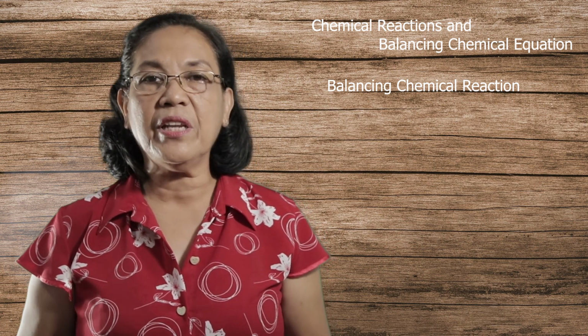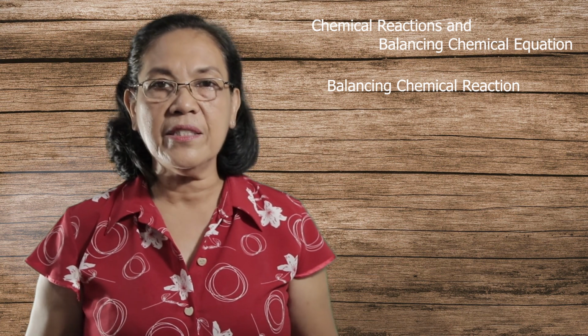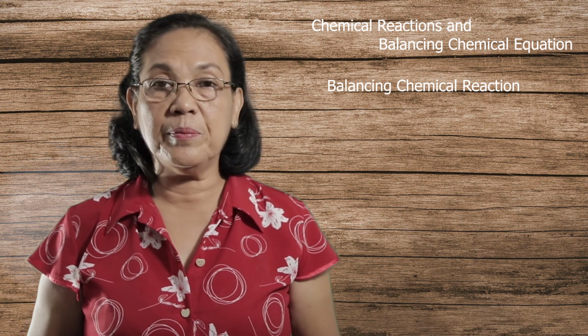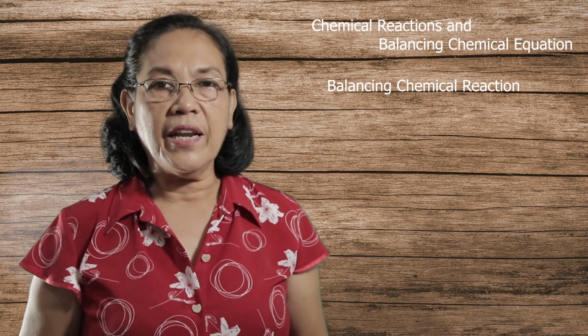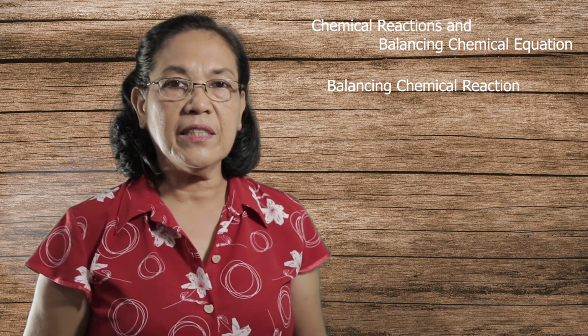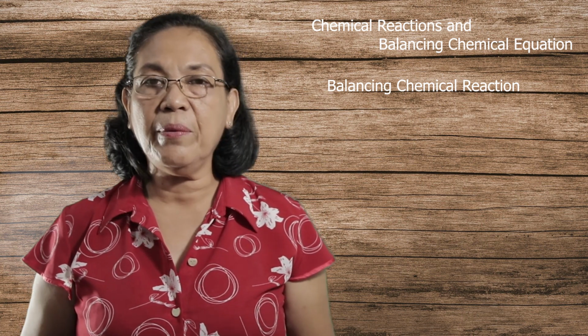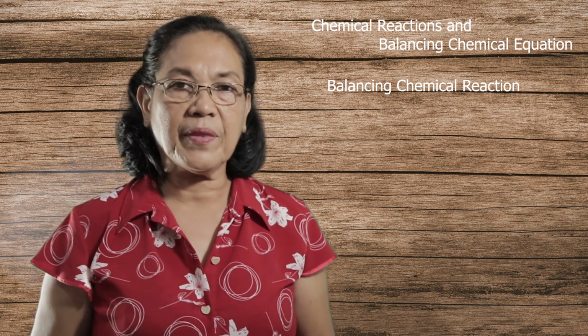Number two suggestion is balance the polyatomic ions by group. Here, you are going to consider the number of polyatomic ions in the reactant to balance it with the number of polyatomic ions in the product.